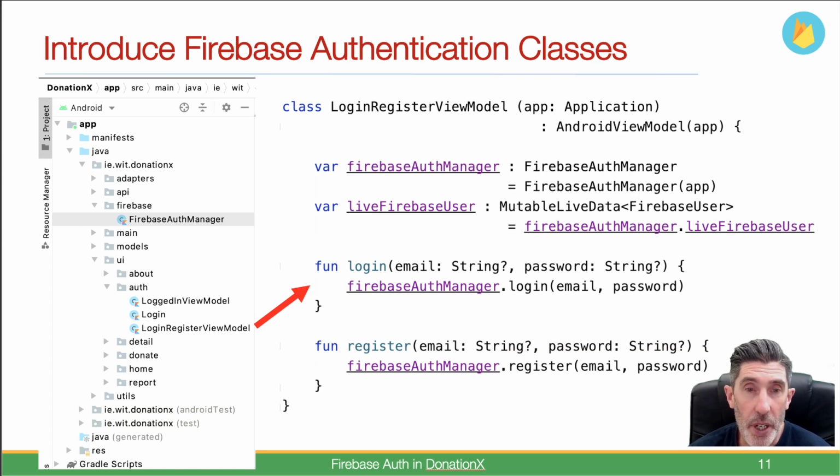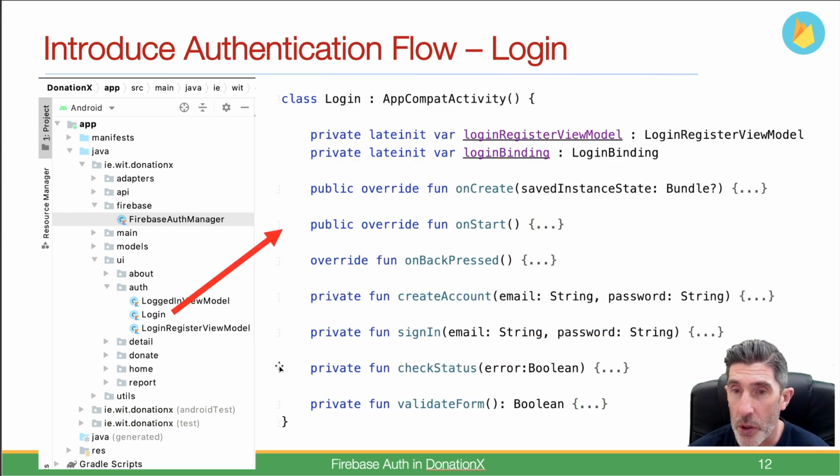In terms of the login flow itself, this is the activity, and again I've wrapped it up inside an auth package to stay consistent with the different features that we have, like detail and donate. So again, we have the fragment and the view model tied up with that.